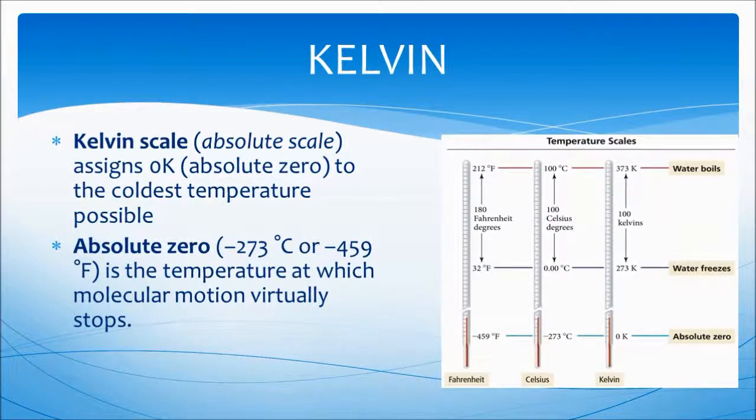On the right, you will see a comparison of all three scales, the Kelvin, Celsius, and the Fahrenheit scale. At 0 degrees Celsius, water freezes. That is equivalent to 273 Kelvin, which is equal to 32 degrees Fahrenheit.